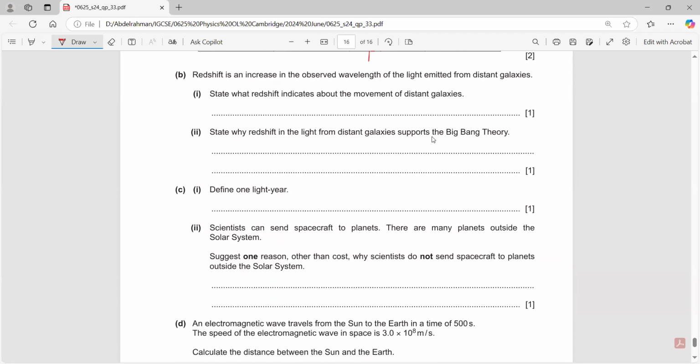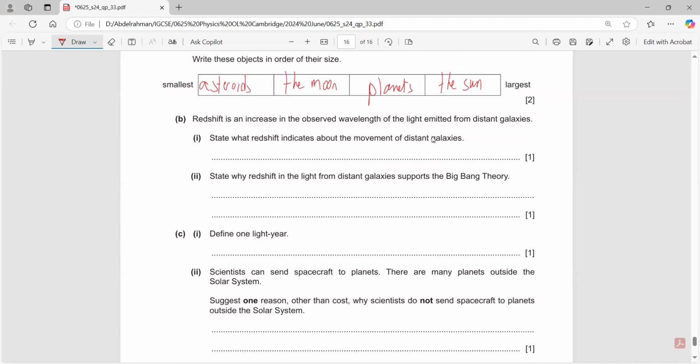Redshift is an increase in the observed wavelength of light emitted from distant galaxies. State what redshift indicates about the movement of distant galaxies. So what have we learned from the redshift?